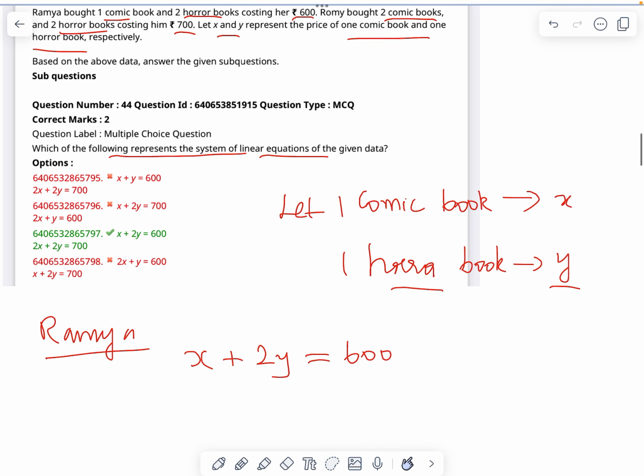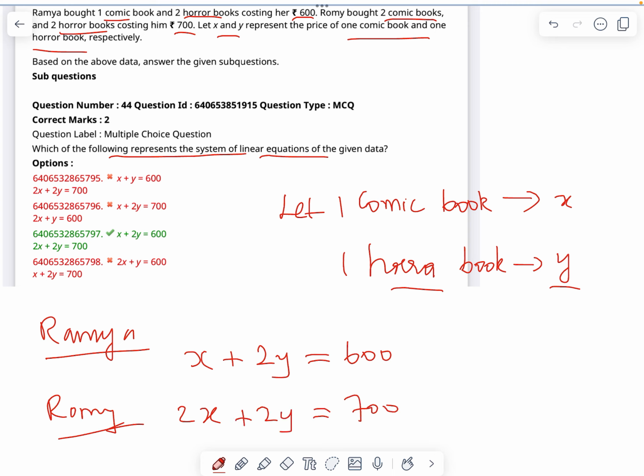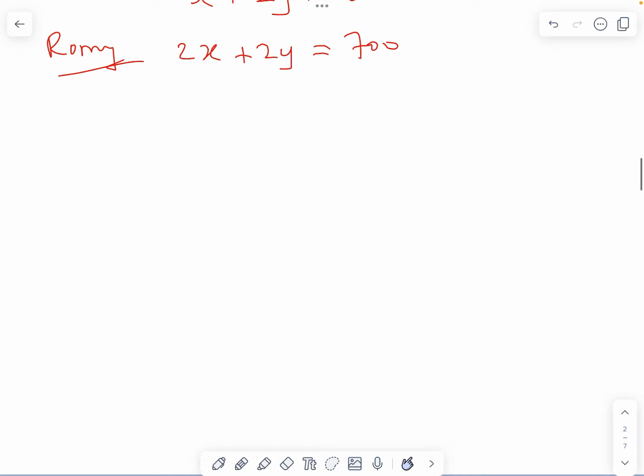Next, Romy is buying, from the question, two comic books, so 2x, then two horror books, 2y, the total cost of 700. Now they're asking for the correct answer for this. So x plus 2y is equal to 600 and 2x plus 2y equals 700. So option 3 is correct. Alright, we'll go to the next.